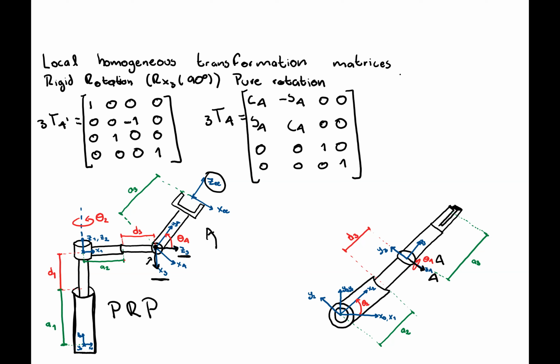This is the pure rotation, and then there's a rigid translation, which is basically the distance a3. Okay, so I'm going to write it here.